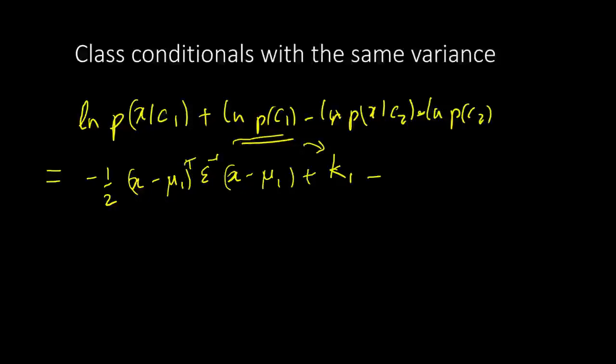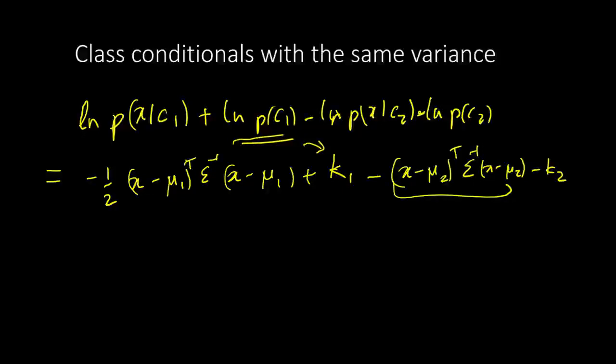Then minus a similar term with mu2 and sigma: x minus mu2 transpose sigma inverse x minus mu2, and then minus k2.